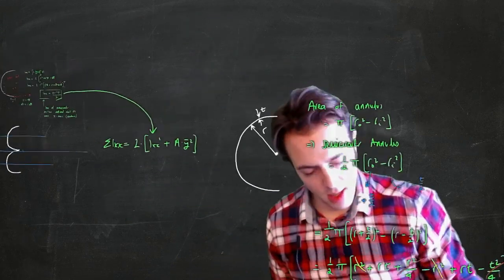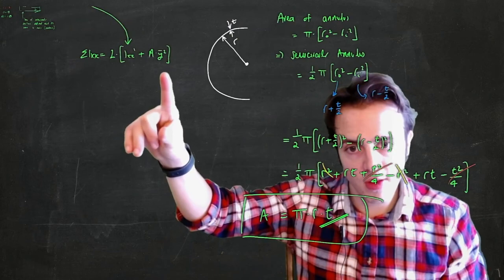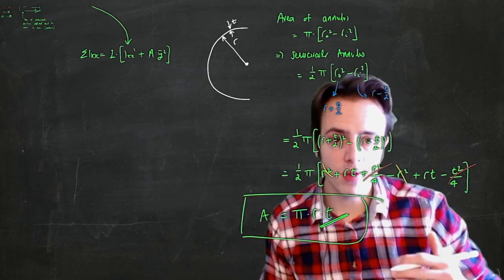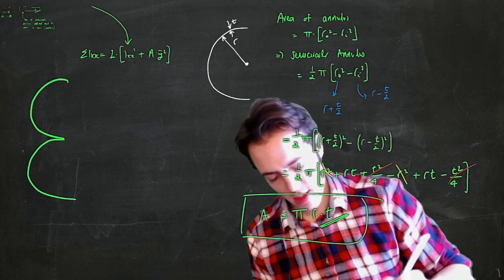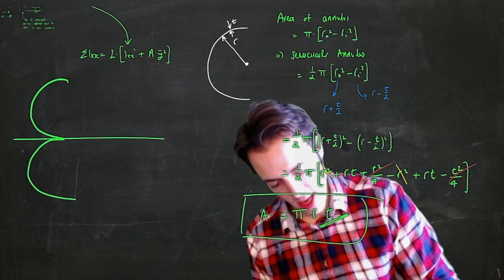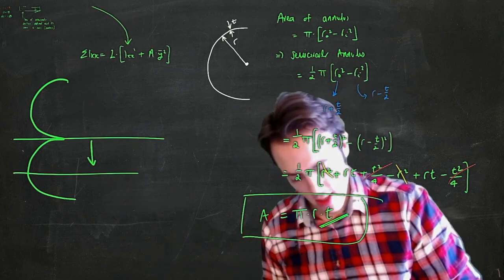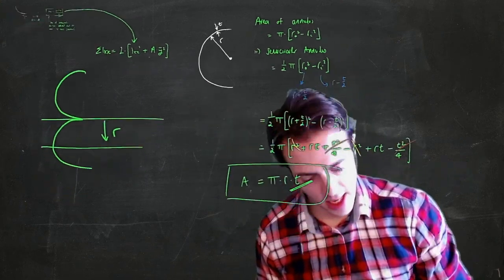Now we've got the area of the semicircle, and we can populate everything in here. We just need to know this y bar. Y bar is just the distance between the two centroids of those whole shapes, basically. The centroid of this lower shape is just its own line of symmetry, so that will be r. So my r is my y bar, which needs to be squared to go in here.